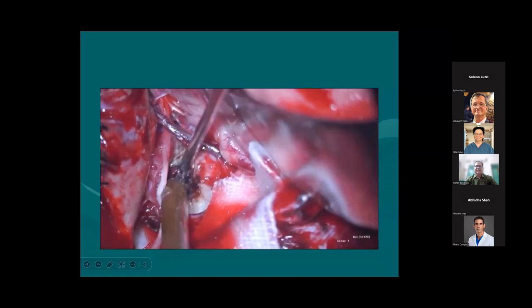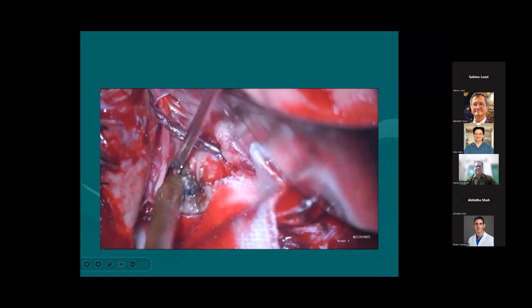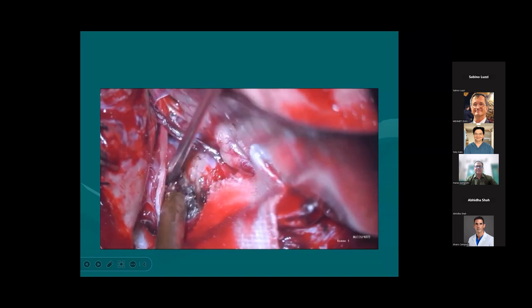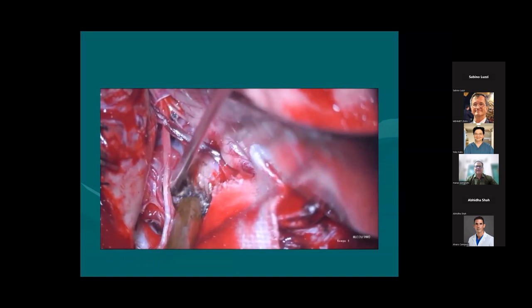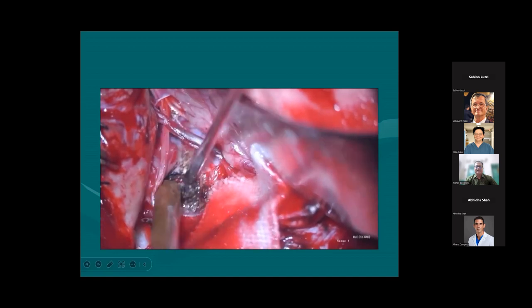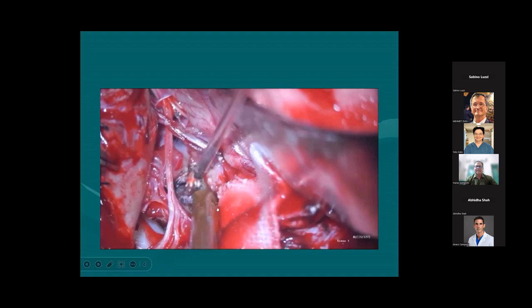It was detached using a thulium laser to devascularize the tumor. And the tumor was taken out piecemeal as it was highly vascular, detaching it from the vertebral artery.